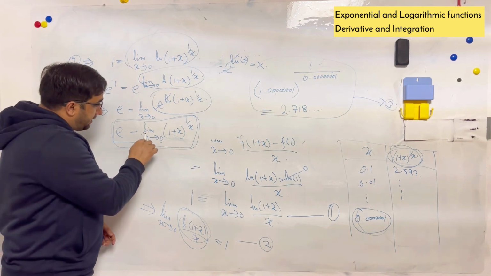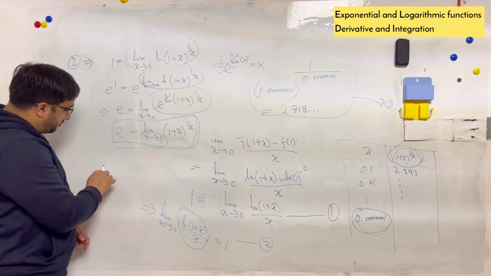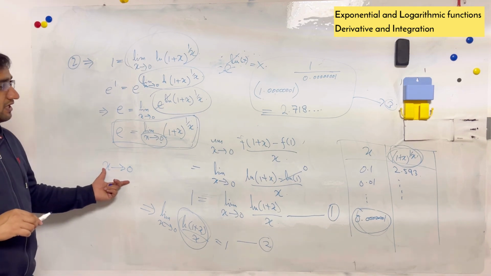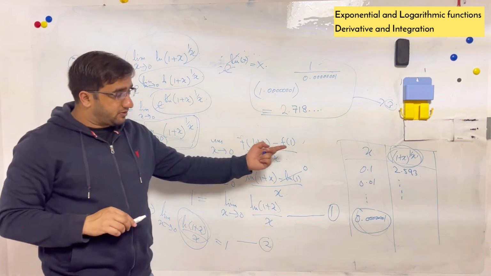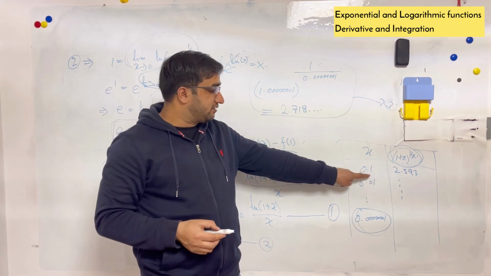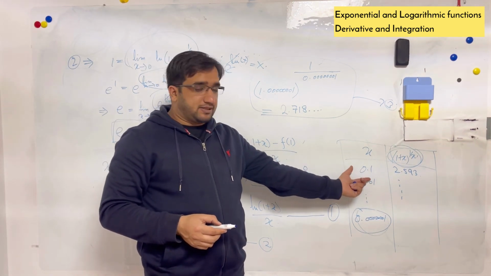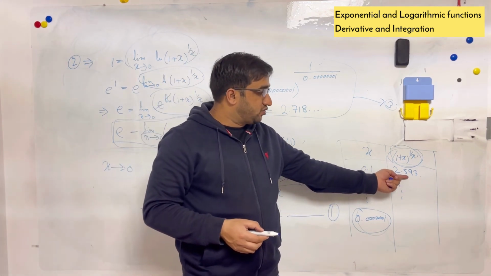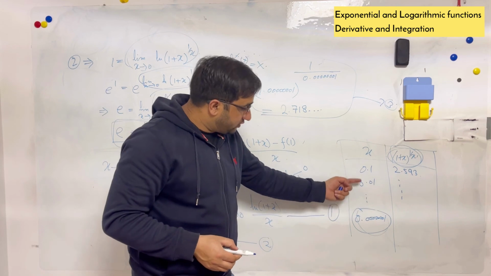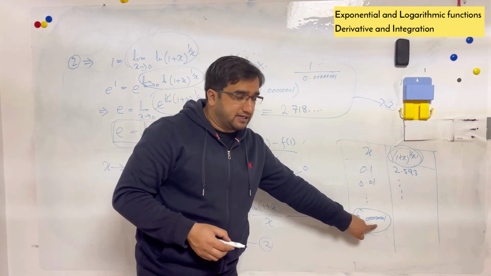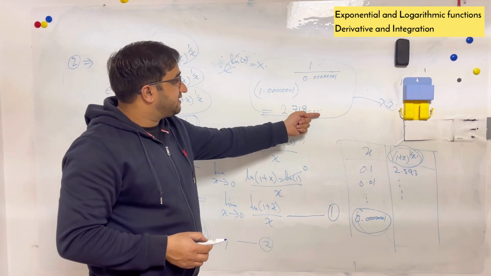Now again the same rule: x approaching 0 means x is not exactly equal to 0 but any number closer to 0. When you put x is equal to 0.1, you assume x is approximately 0, then the answer is 2.593. And when you go closer to 0, the answer is 2.71 something.